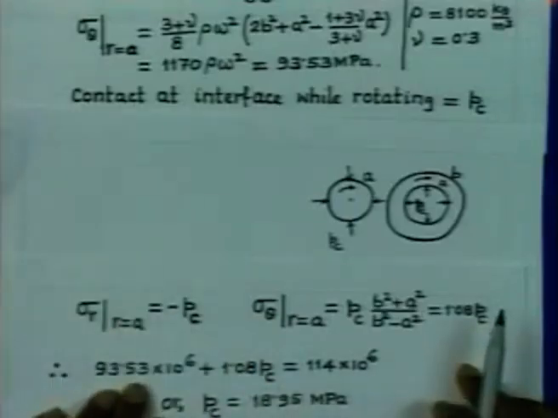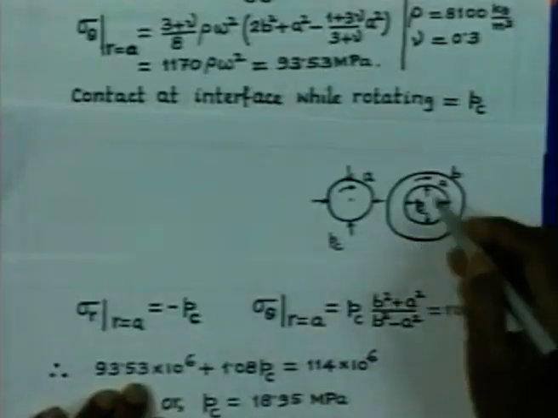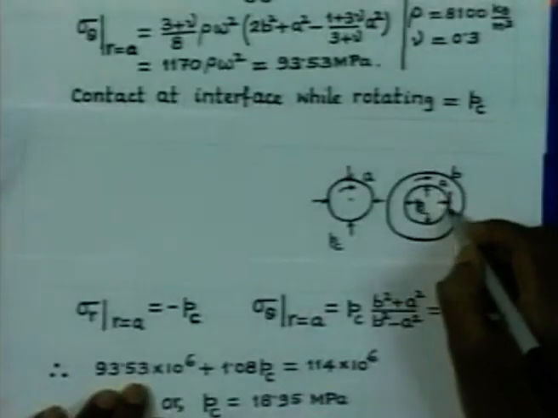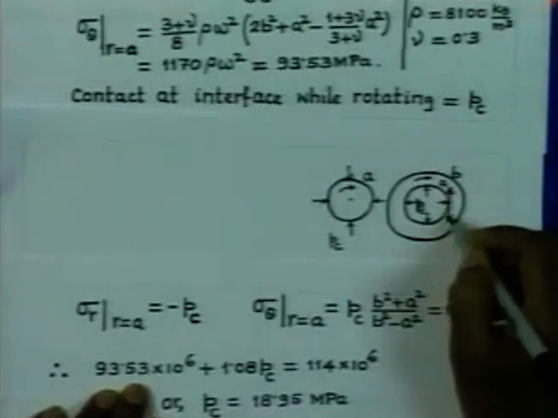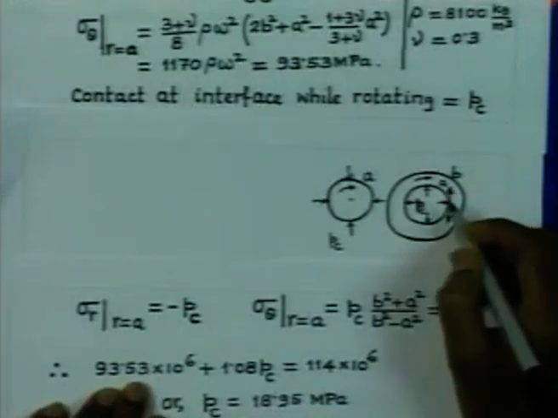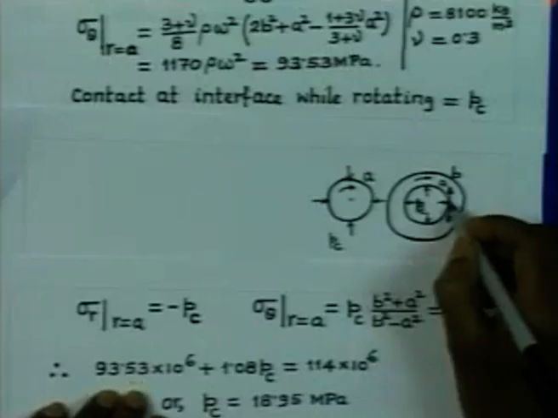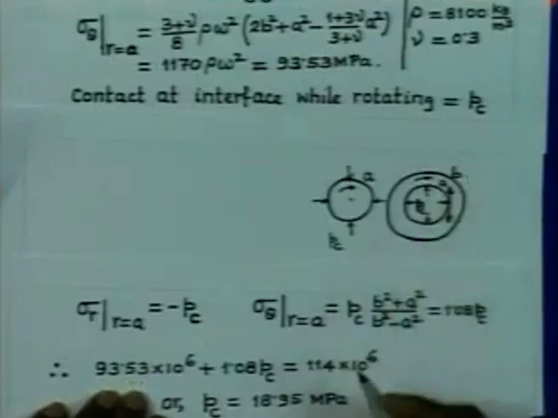Now, the sum total of the stress that is going to be acting in the tangential direction in the disc is due to this pressure PC plus the stresses due to the rotation.